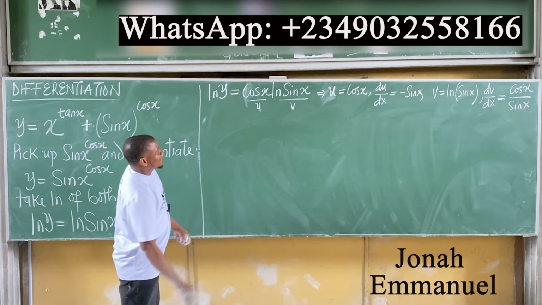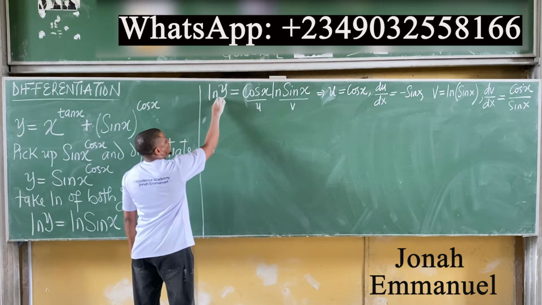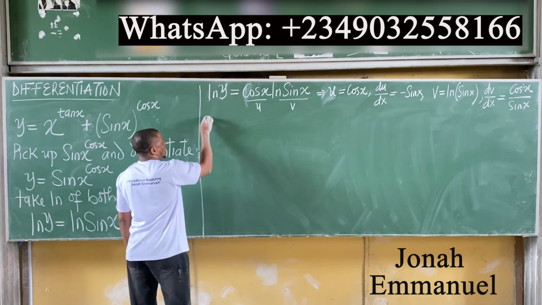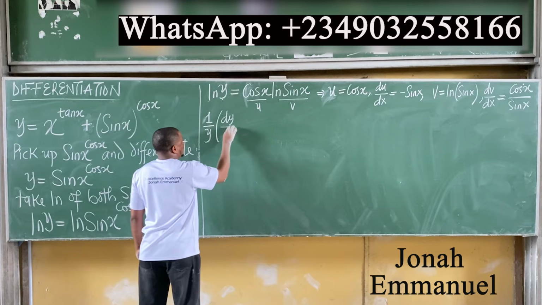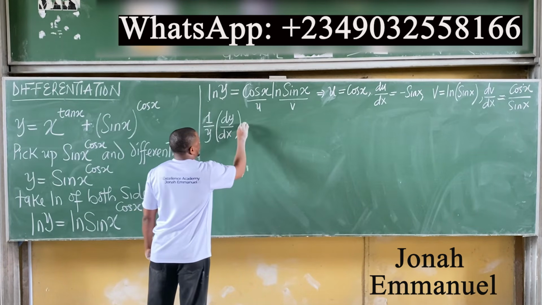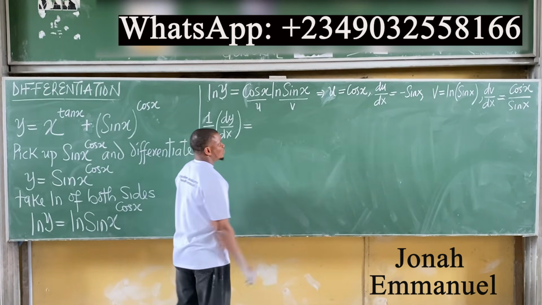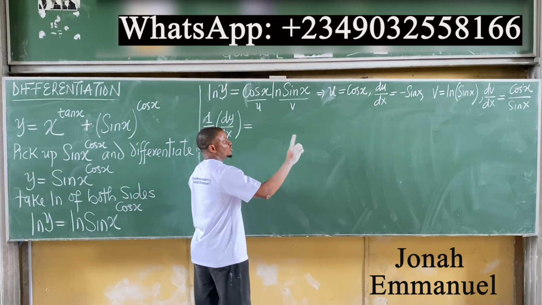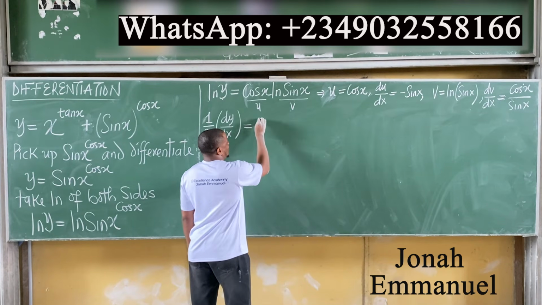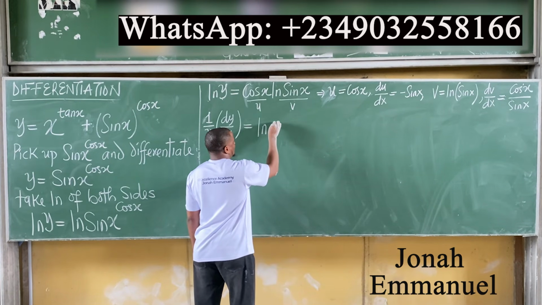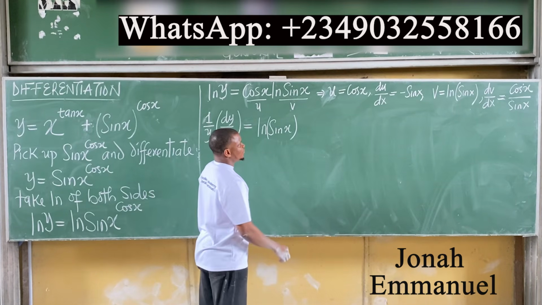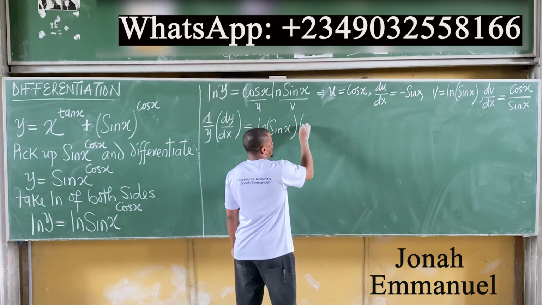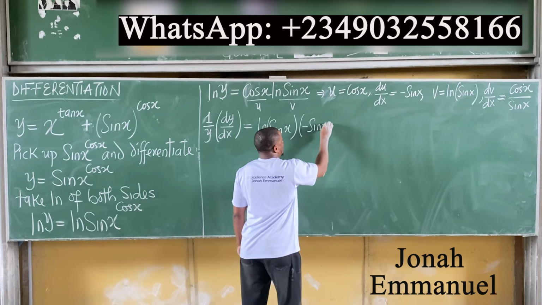Alright, so what do I have there? Differentiate ln y, you get 1 all over y times dy/dx, equal to, for here, use product rule. Product rule is v du/dx. What's v? v is ln sine x. This is v into du/dx. What's du/dx there? Minus sine x.